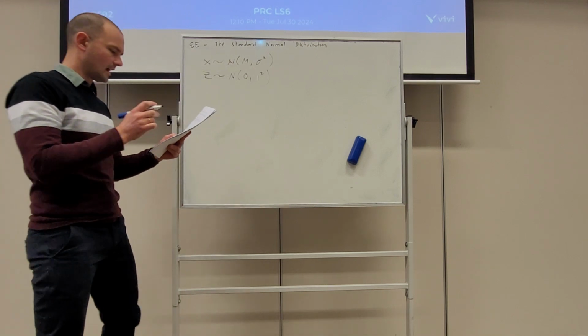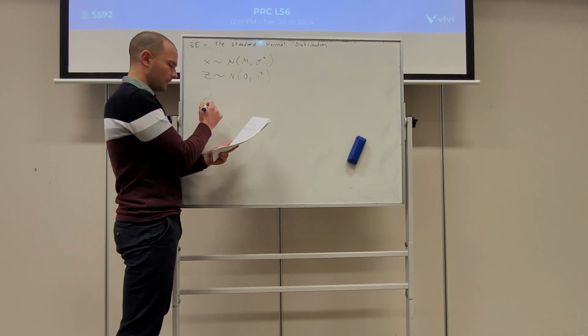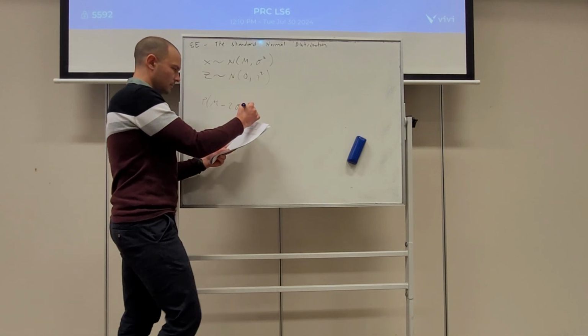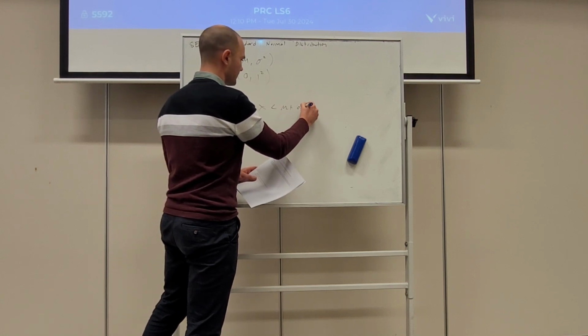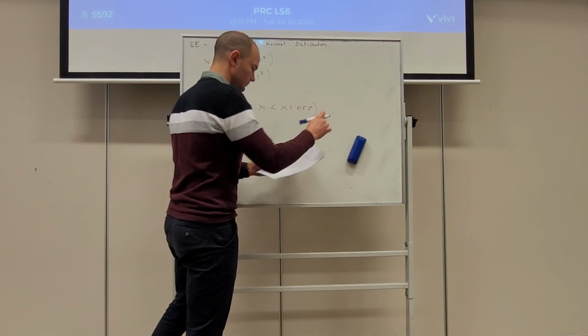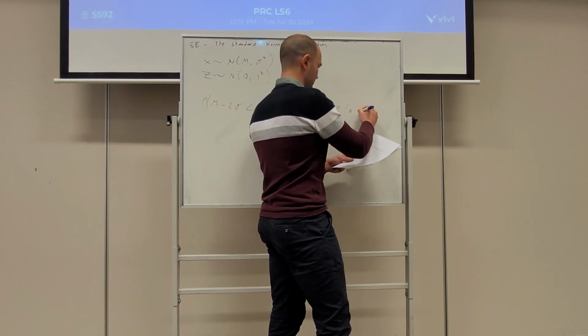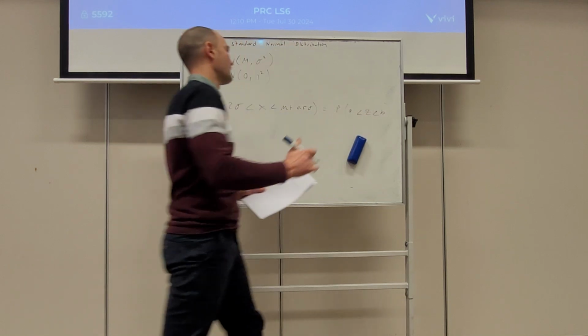Okay, and we're asked to calculate this. The probability of the mean, take 2 sigma, being less than x, being less than the mean plus half sigma, is the same as the probability of A being less than Z being less than B.